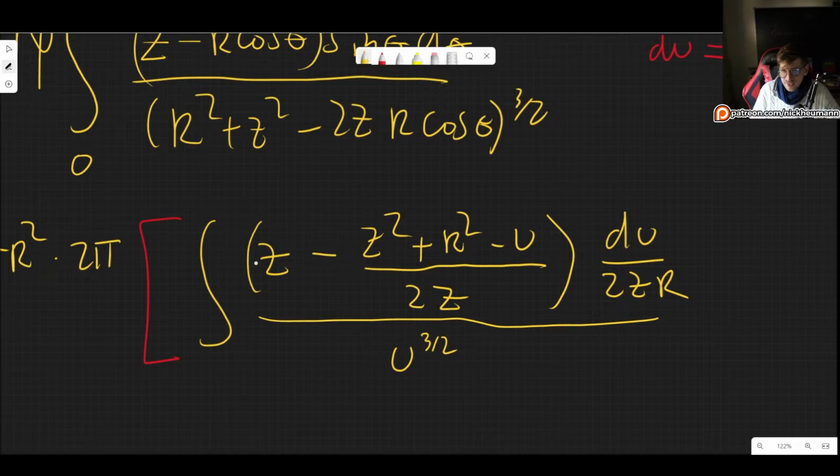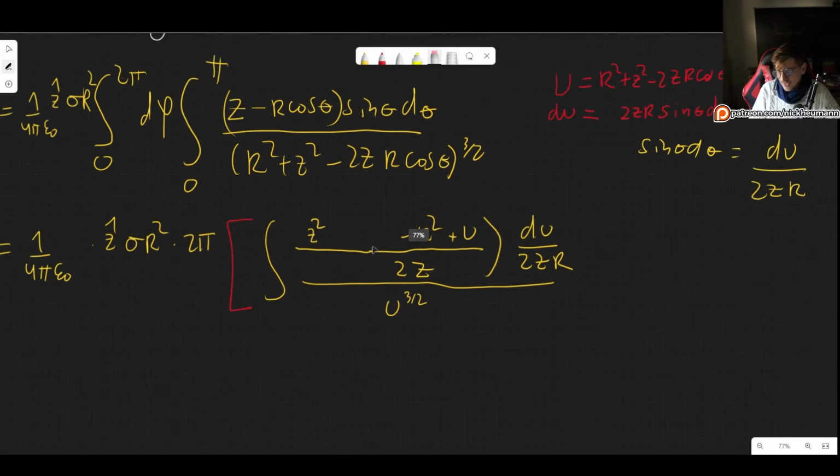Now it may not look any better, but we can actually do a lot of things. First of all, we can take the minimum common denominator here. So instead of having just z, we get 2z squared minus all of this. So let's now put it together. The minus goes through, so we get minus z squared minus r squared plus u. So we have 2z squared minus z squared, so simply z squared.